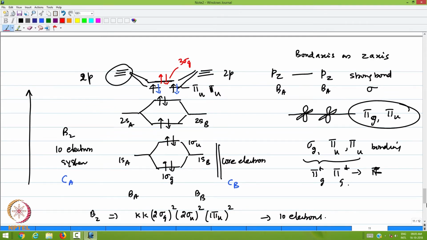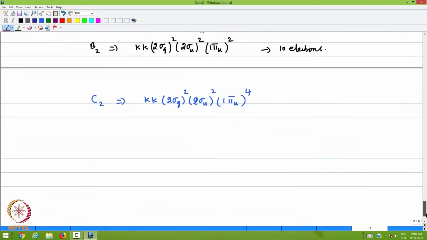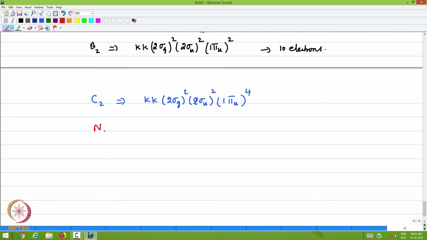Okay. Now, this is up to nitrogen: KK 2 sigma g 2, 2 sigma u 2, 1 pi u 4, 3 sigma g 2.